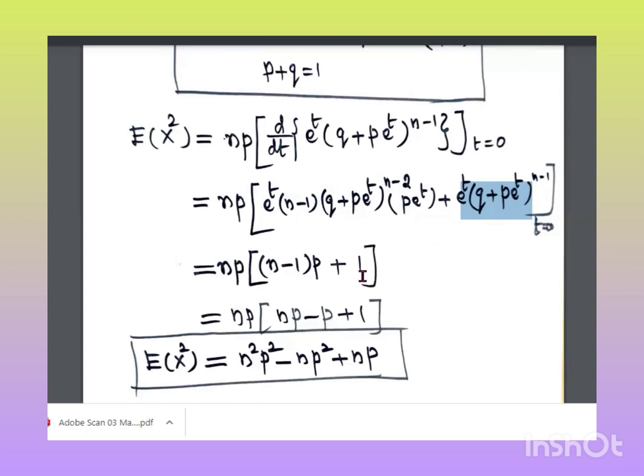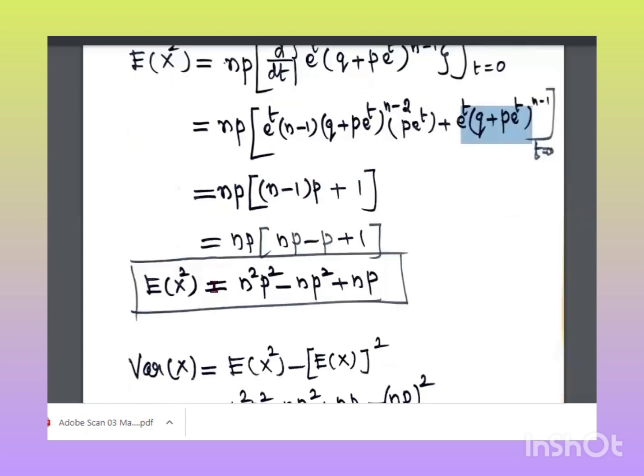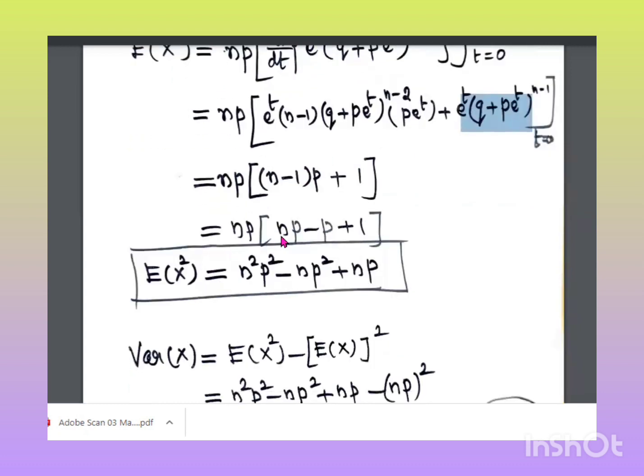So 1 I have written. For t value 0 substituted, np into (n minus 1 into p minus p plus 1). Now you have to multiply each term with np. np into np, n square p square. np into minus p, minus np square. np into plus 1, np.